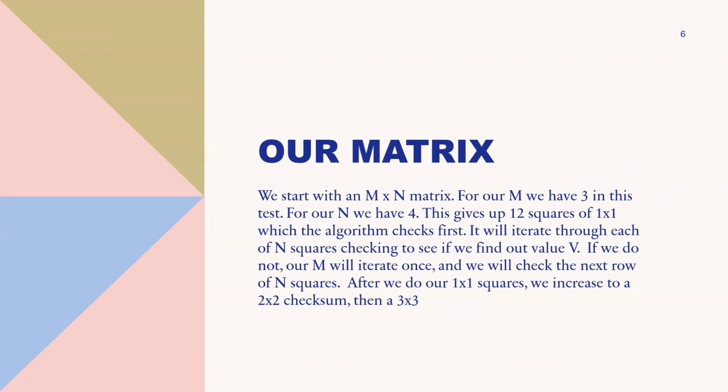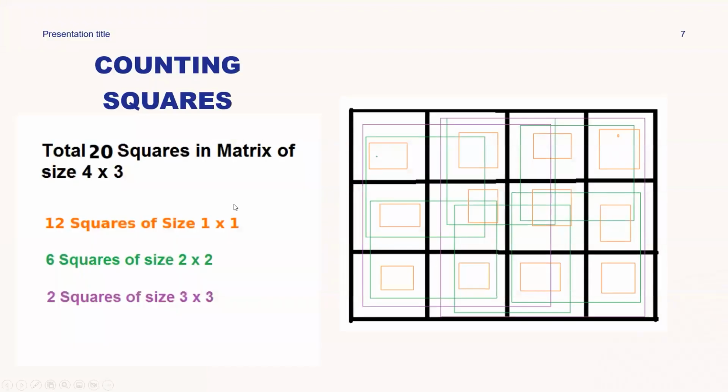After it does the 1 by 1 squares, it increases to 2 by 2 checks, and then 3 by 3, and it looks kind of like this. There's a total of 20 squares in a 4 by 3 or 3 by 4.